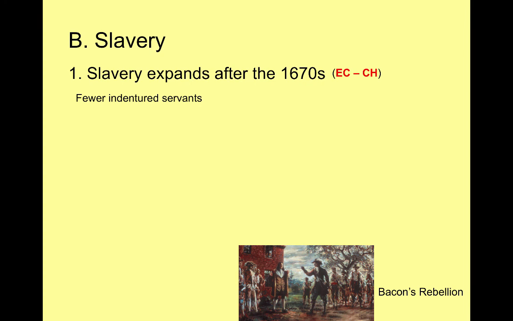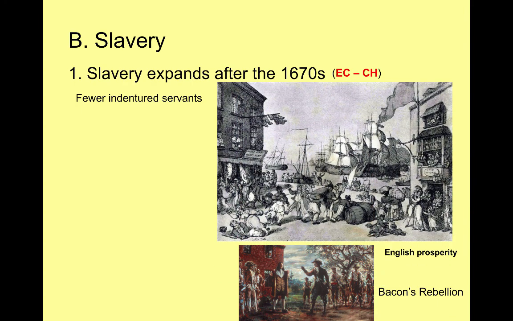But there are other reasons why slavery starts to eclipse using indentured servants, which is that there are going to be fewer indentured servants available. In England, after about 1676, the economy of England is going to start to take off again. They're in the early stages of their industrial revolution. They're starting to manufacture things more, so there is more of a need for labor in England.